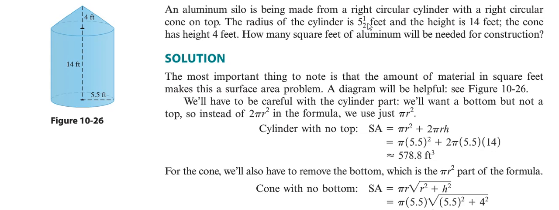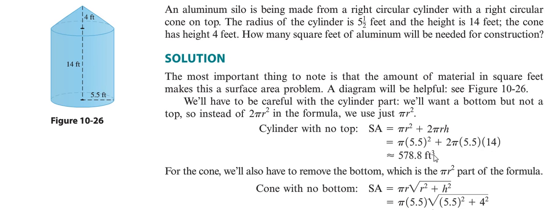We have 5.5 feet, so here we're using 5.5. Just change that fraction 1/2 into a decimal. And here we have plus 2 pi times 5.5 times 14. And we get 578.8.